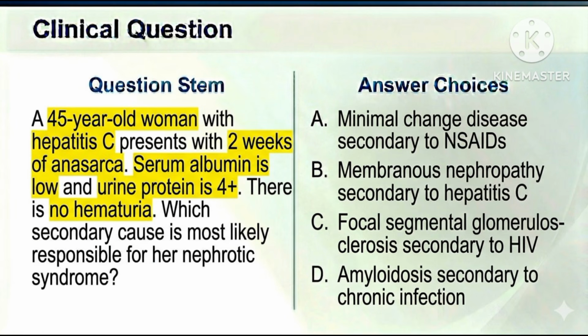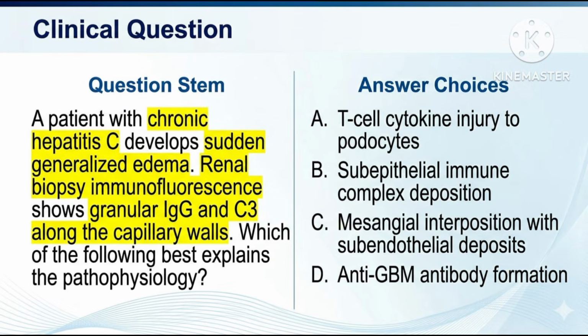45-year-old woman with hepatitis C presents with features of nephrotic syndrome such as low albumin, protein, urea, which secondary cause is most likely responsible for her nephrotic syndrome. It's membranous nephropathy secondary to hepatitis C. Read this question stem. Patient with chronic hepatitis C develops sudden edema.